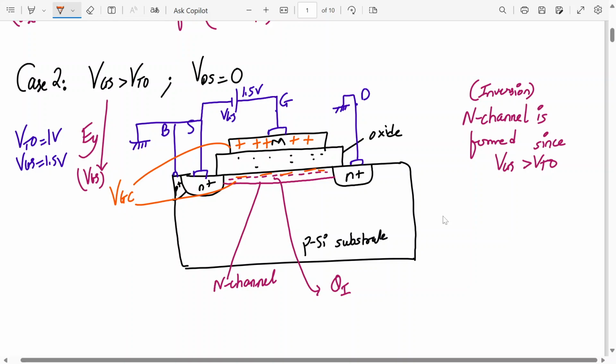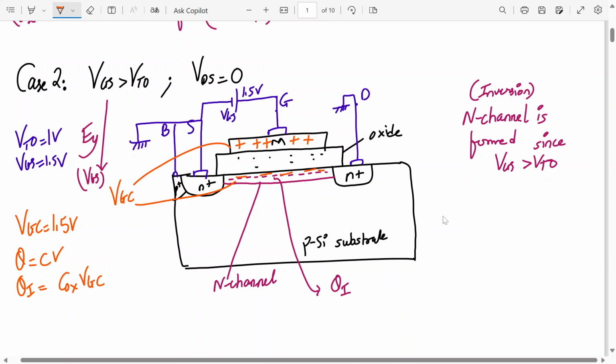Here it is 0 and the gate voltage is 1.5. So how much is VGC? 1.5 volt throughout. So the potential difference between gate and the channel is 1.5 volt throughout the length of the channel. We know Q is CV, yes or no? So in this case, what is QI, the inversion layer charge? QI is given by Cox into VGC.